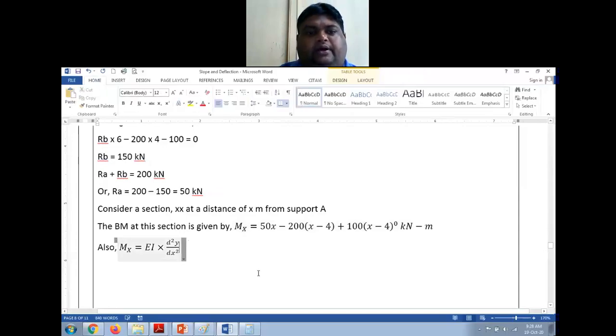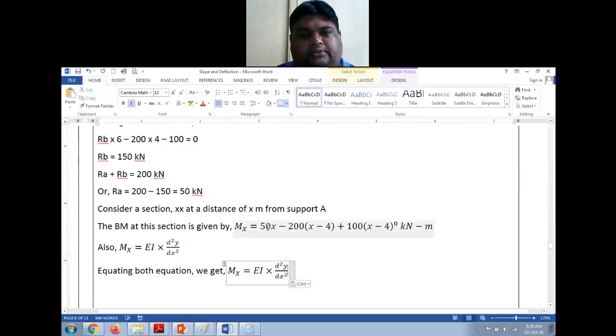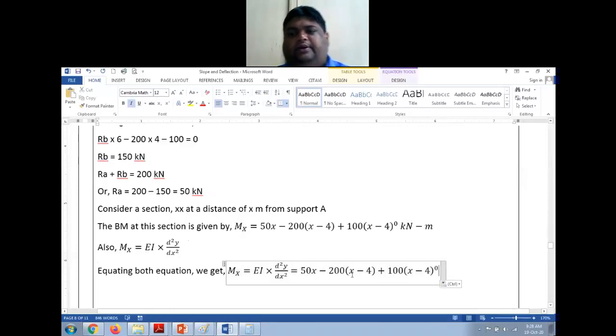Right? Now equating both of these equations, we get mx is equal to, I'll just copy this entire equation, right?